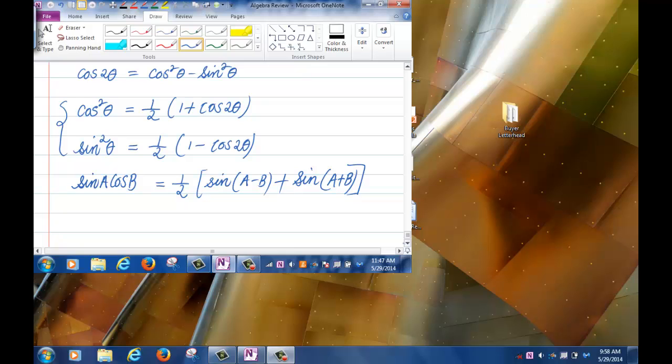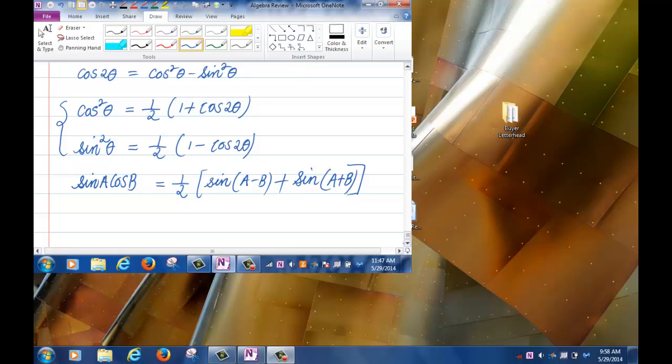Sometimes in some problems you don't like the product of sine A and cosine B, and you cannot work with the product, so you rewrite it so that you don't have a product of sine and cosine anymore.